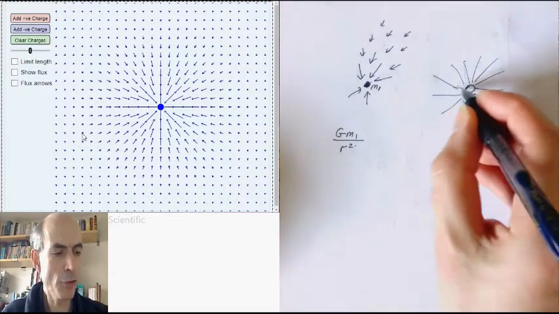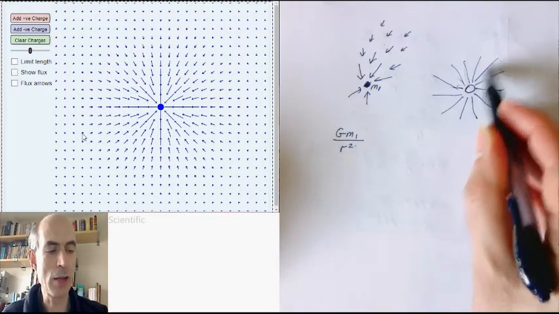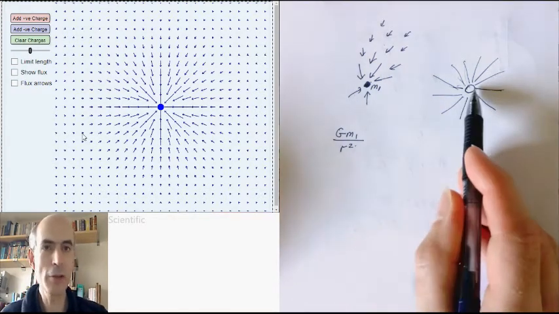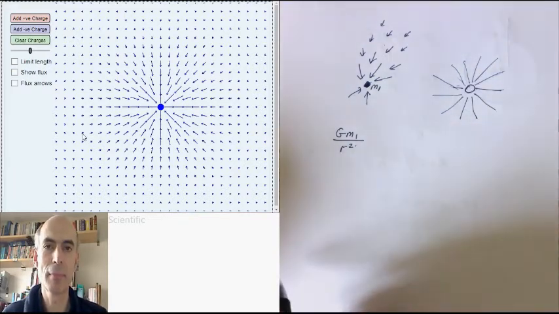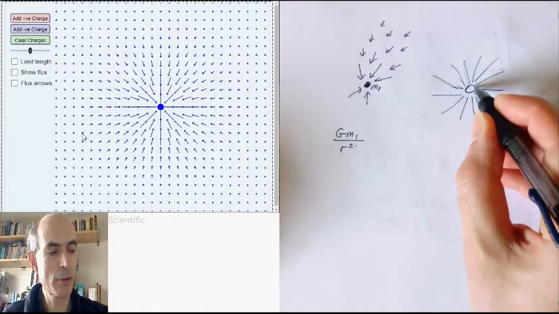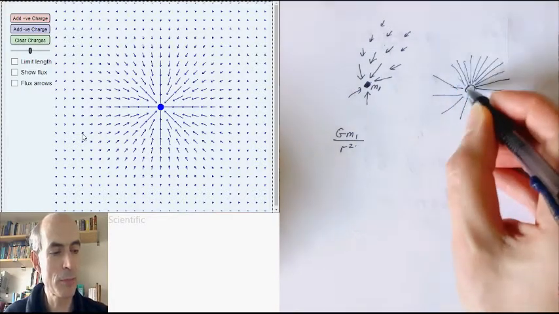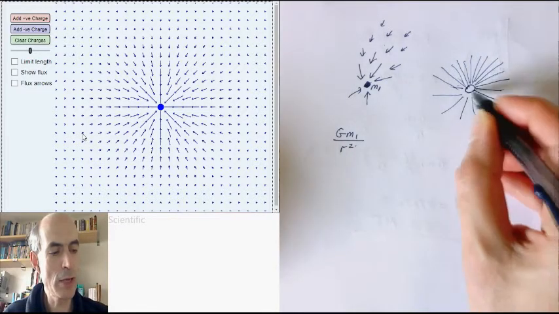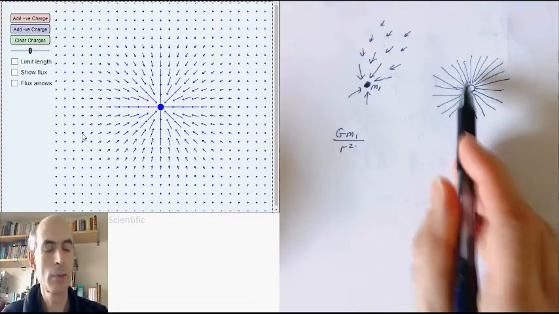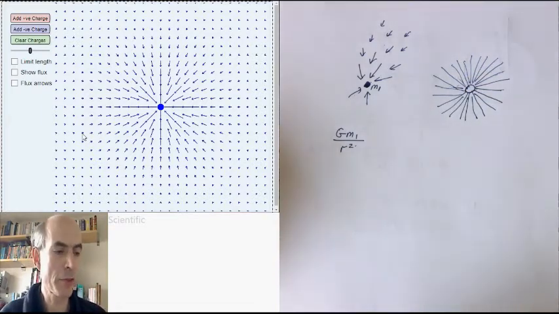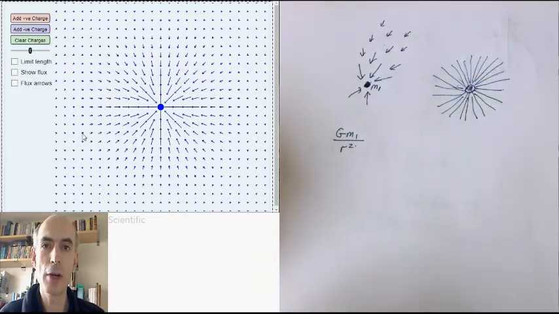Now, this doesn't mean that all of the light is just emerging in these discrete rays. It's just a way of indicating the direction in which the light is moving. But if you draw the light moving out in these individual directions like this, then you can relate the strength of the light at any point, which corresponds to the field strength, in terms of the number of these lines that pass through a unit area.